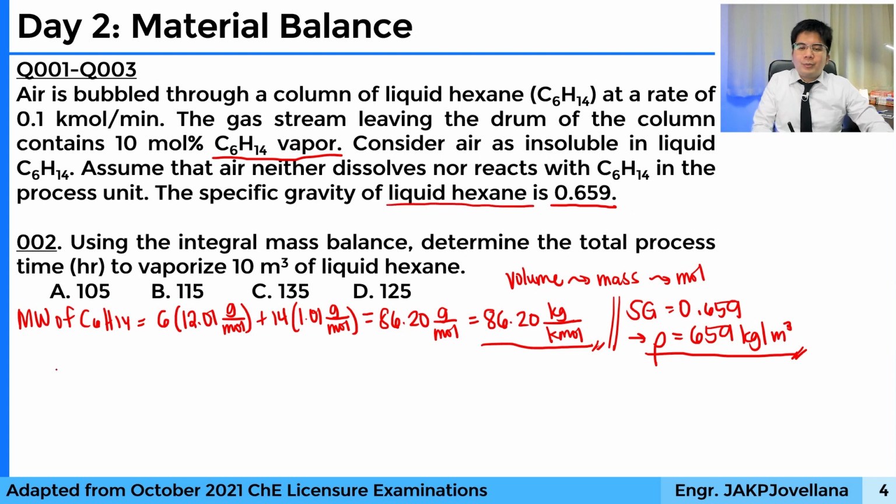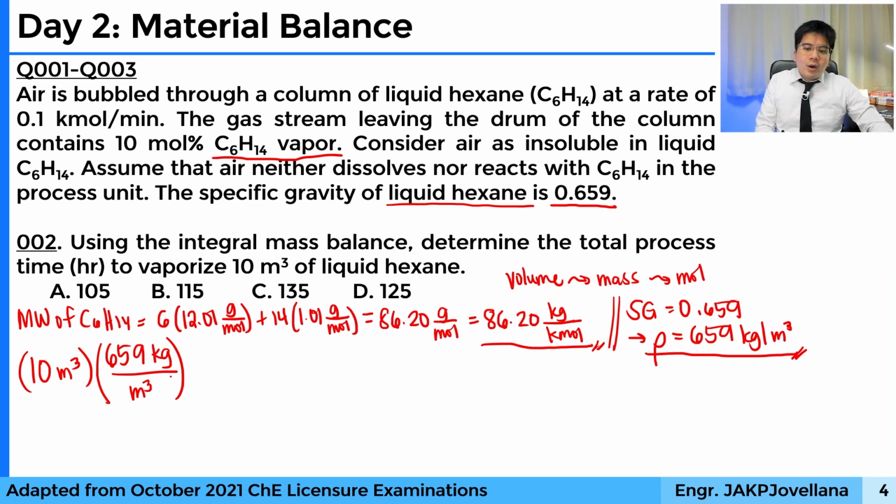Now that we have the molar mass of hexane and its liquid density, we can now calculate the total process time. We can start with 10 cubic meters. So this volume of liquid hexane, we first convert it to the mass of liquid hexane. So we multiply density, 659 kilograms per meter cube.